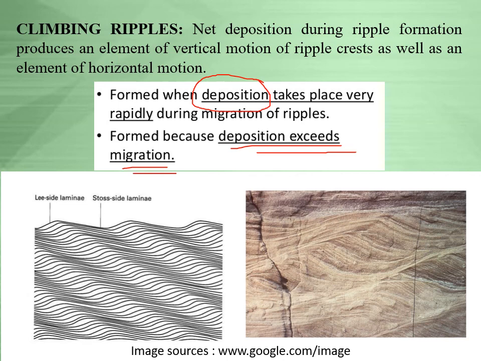So the ripples are moved only slightly forward, but due to the far greater amount of deposition, it looks like the ripples are climbing over the previously formed ripples. Ripples climb one after another. That is why these kinds of ripples are known as climbing ripples.